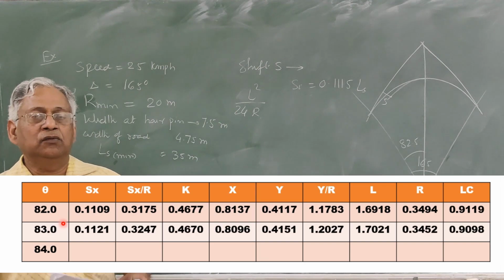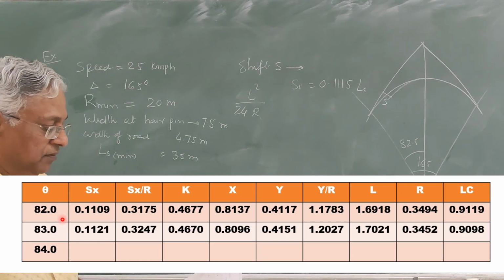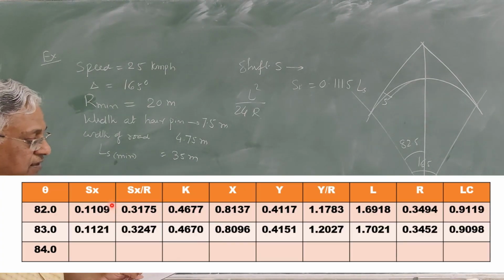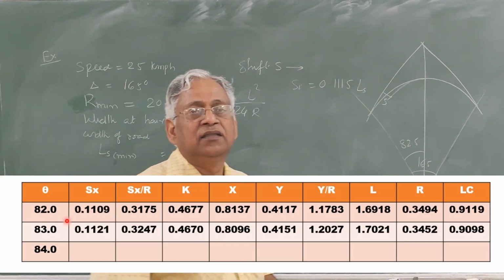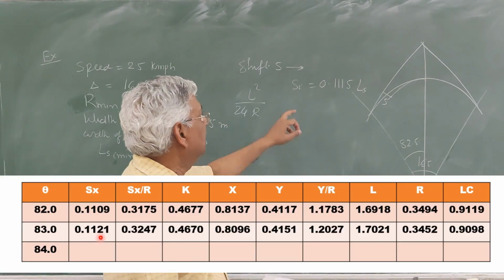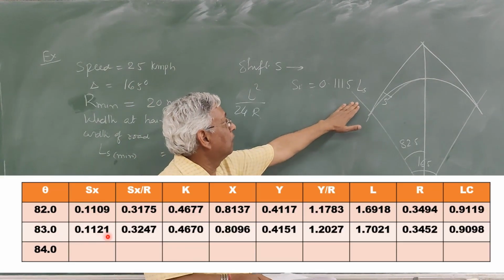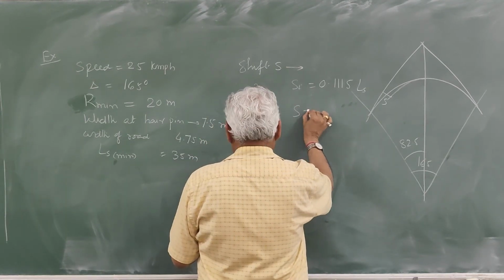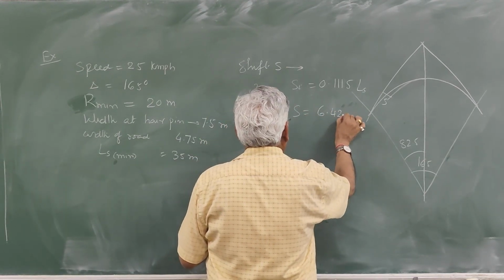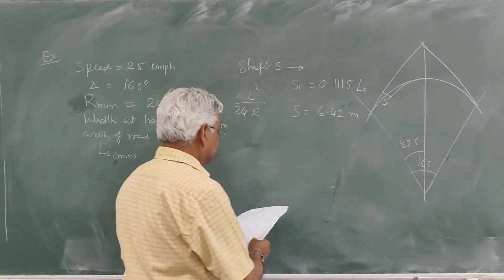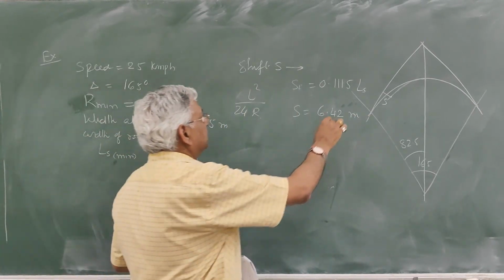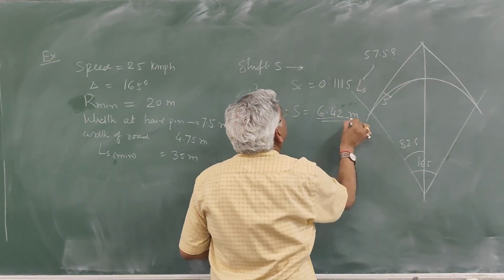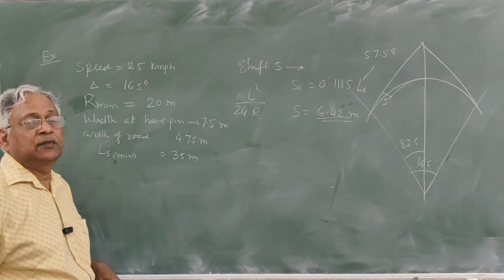Corresponding to 82 degrees you have 0.1109 and for 83 degrees it is 0.1121. So the mean of these will be 0.1115. Ls is now known, 57.59 meters, and therefore S will be 6.42 meters.